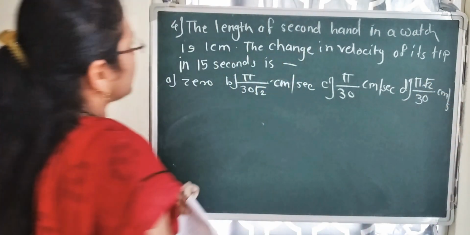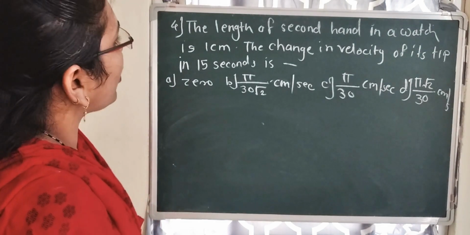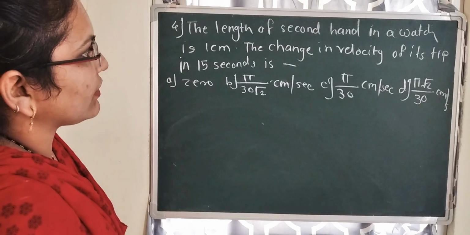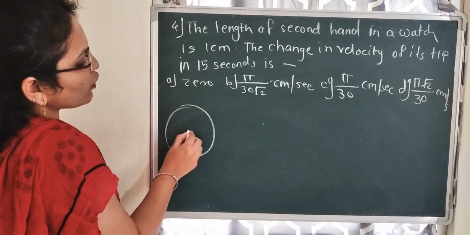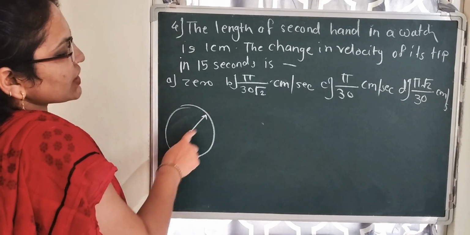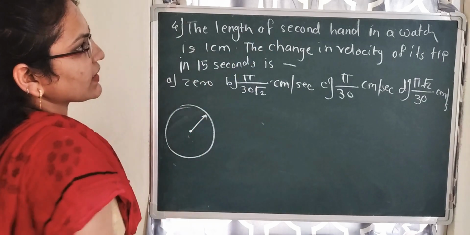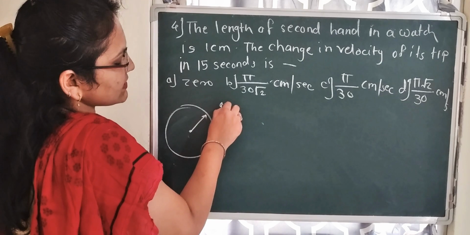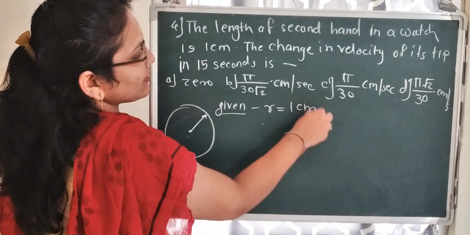See, the question is: the length of the second hand in a watch is 1 centimeter. In this watch the length of the second hand is given, which is the radius r. So r is equal to 1 centimeter.